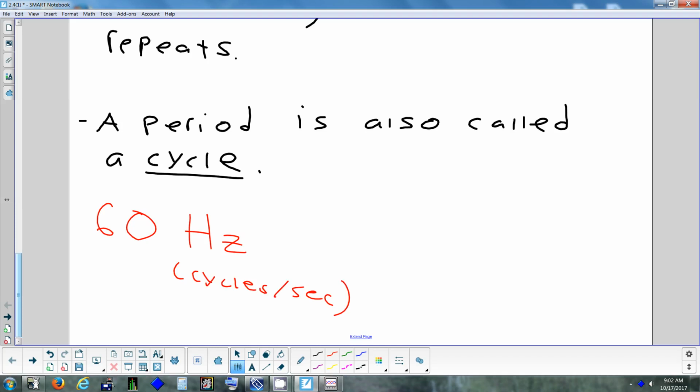It cycles 60 times per second, assuming you're dealing with alternating current, the kind of current in your house, not the kind in your car. That's direct current. You might see that word used in other disciplines, but we don't use it as much. But the idea of hertz, we do use that.